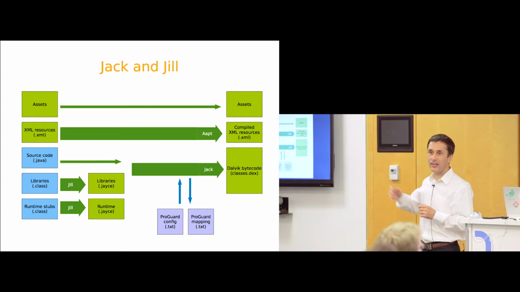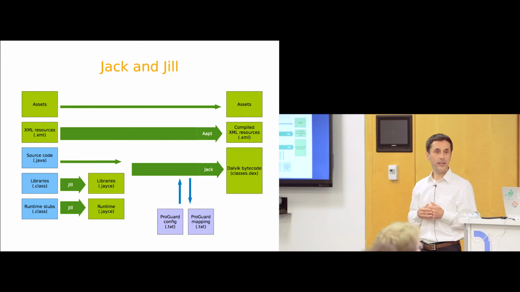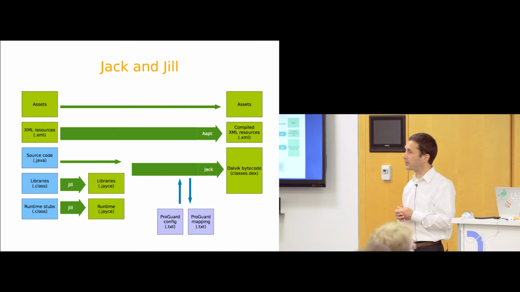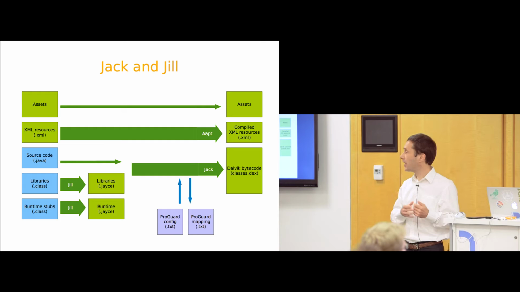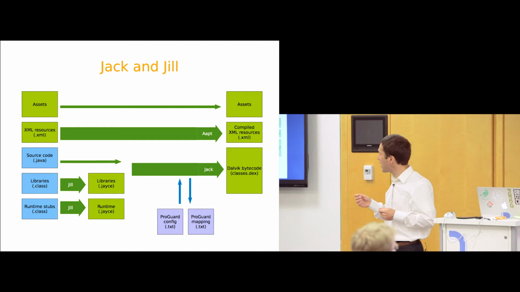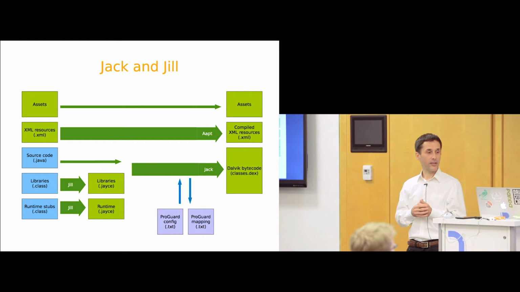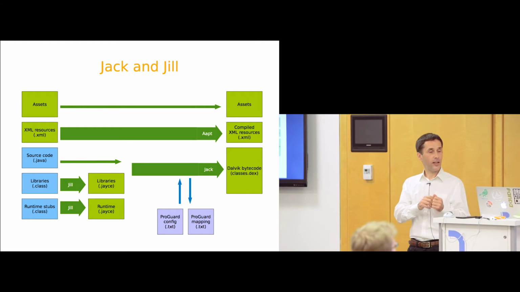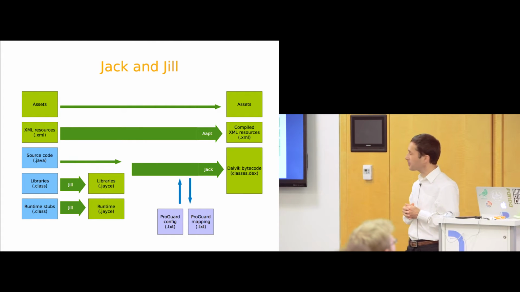Except that there is one little glitch there. The Jack compiler doesn't understand the compiled Java bytecode that you have in any external libraries. So if you have jars or AAR files, they still contain Java bytecode, and Jack doesn't understand that code. So for that, they have come up with a solution where they have a Jill compiler, which takes the Java bytecode and compiles it to a new intermediary representation called the Jayce format.